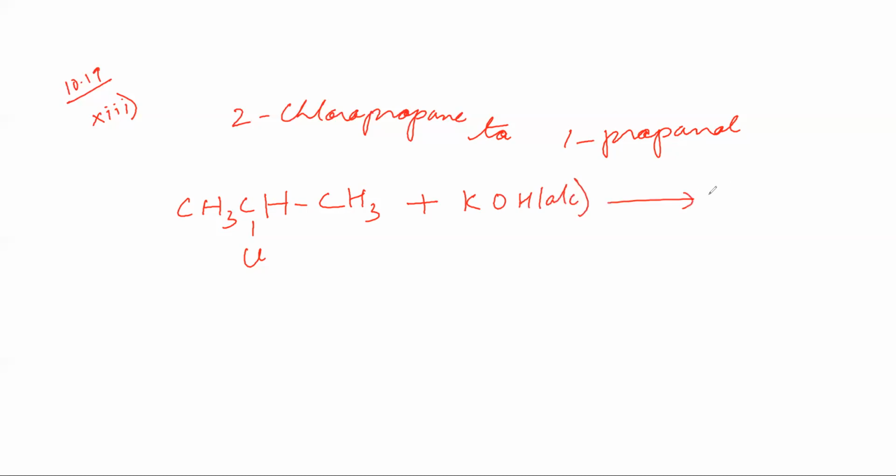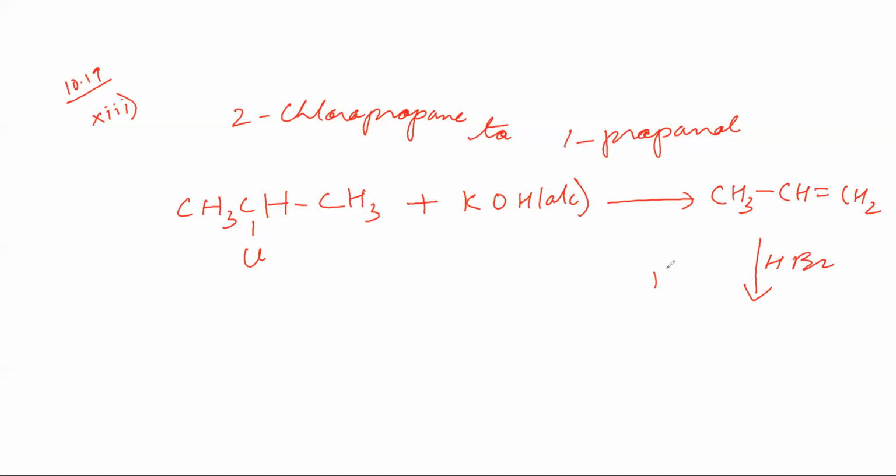This will give us a dehydrohalogenation reaction, and you will see that halogen and hydrogen are both removed. Now let us add HBr.